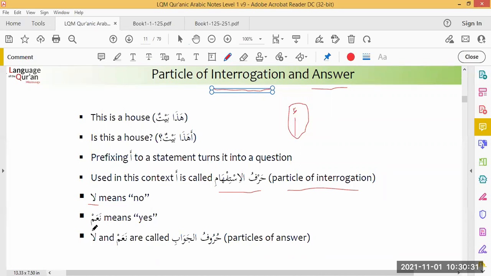And if you have to give the answer yes, then you will say naam, yes, this is a house. Naam haza baitun. La and naam are called huruful jawab, particle of answer.